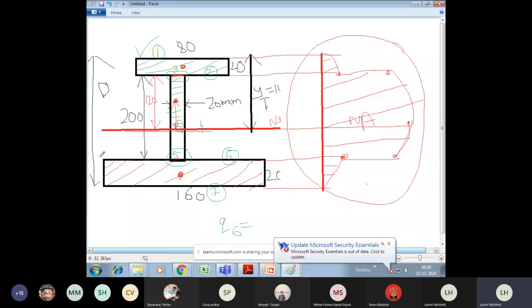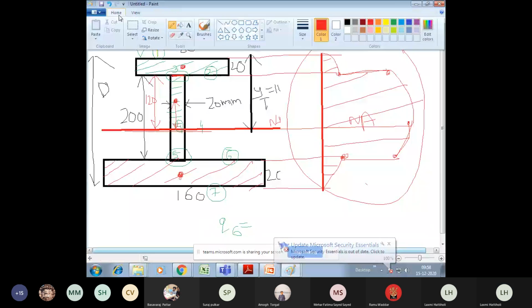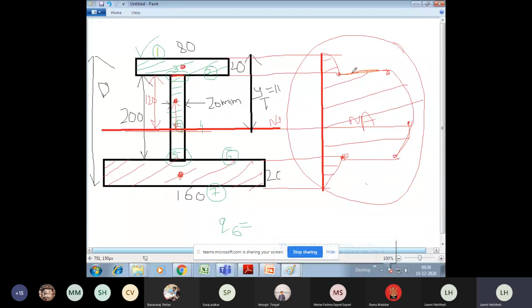Okay, next, another important point. I'll tell you what is the difference if it is a symmetrical I section. Observe this carefully: this distance and this distance remain the same, because it is symmetrical.